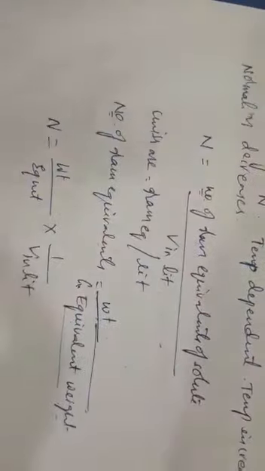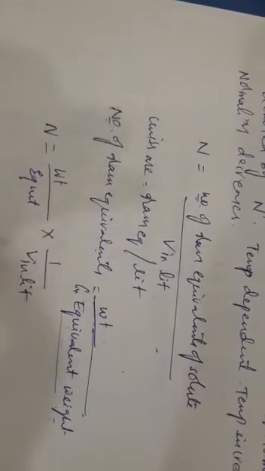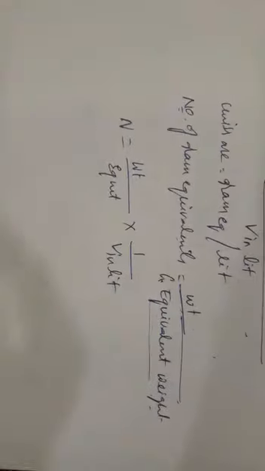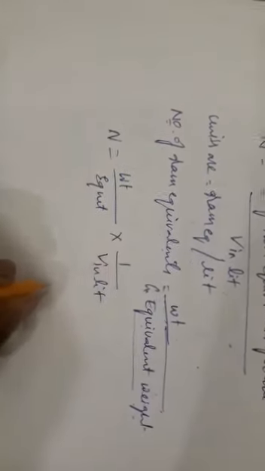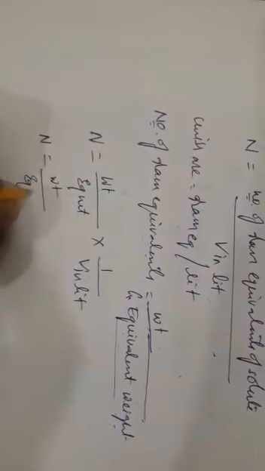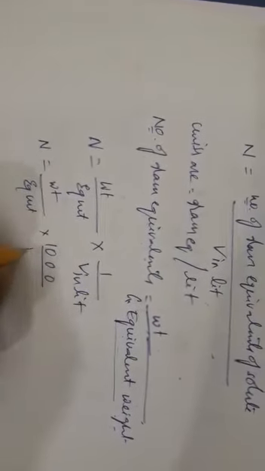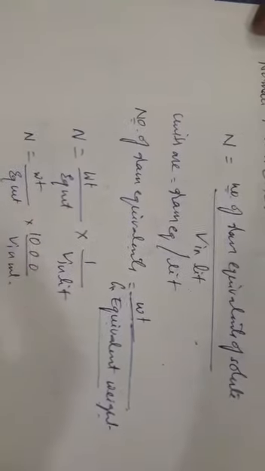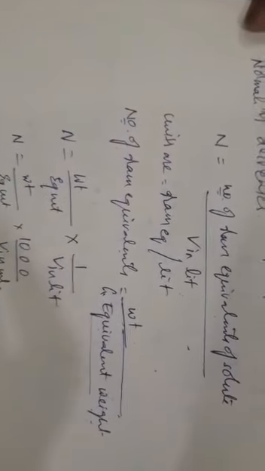Same as molarity, but in molarity we use molecular weight, whereas in normality we use equivalent weight. That is the difference. If the volume of the solution is given in ml, normality is equal to weight by equivalent weight into 1000 by V in ml.